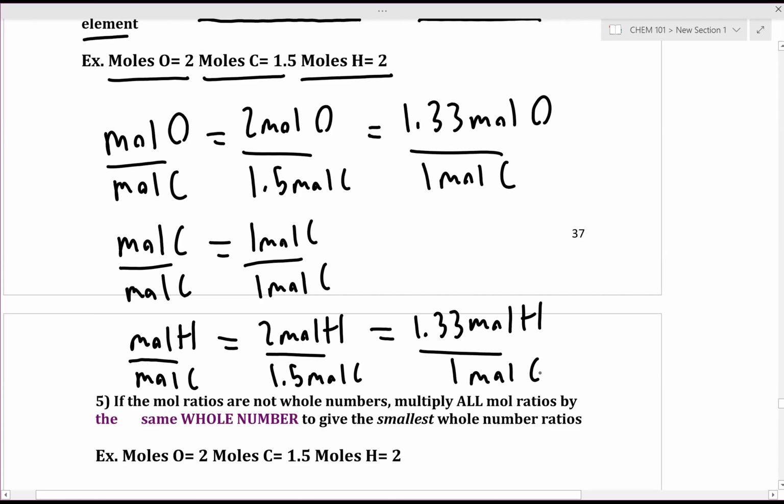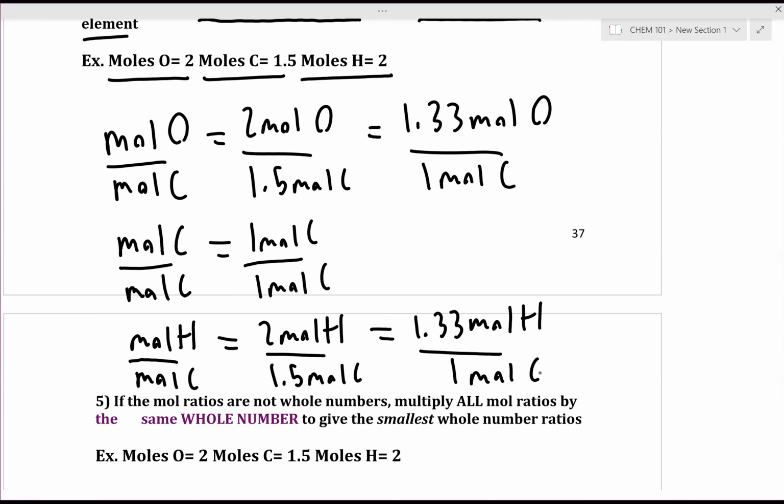Okay, so we've calculated all of our mole to mole ratios. The equation that we derived previously will give you the mole to mole ratios as well. So now we're at the same point from both of these processes. We've gotten the mole to mole ratio. However, we're not quite done, because looking at our mole to mole ratios, do we have the simplest whole number ratio?